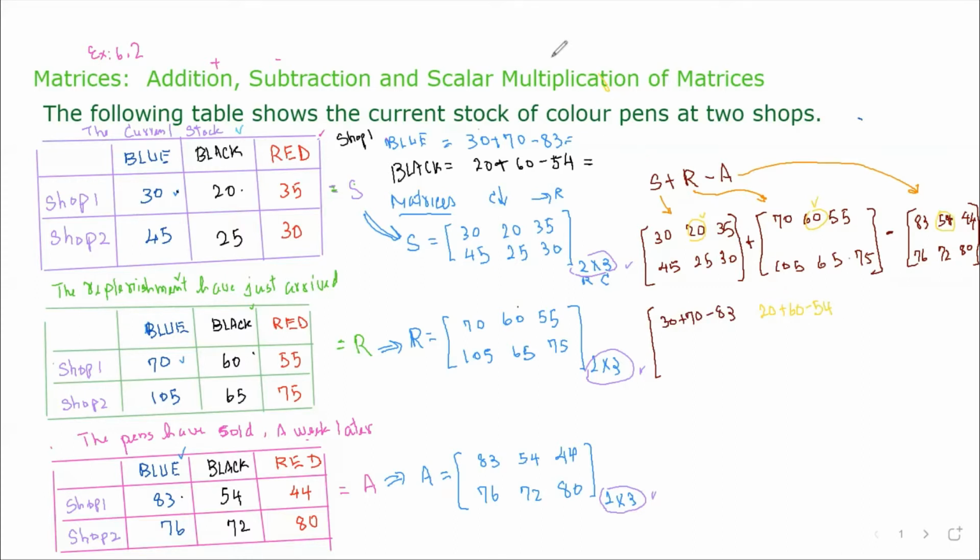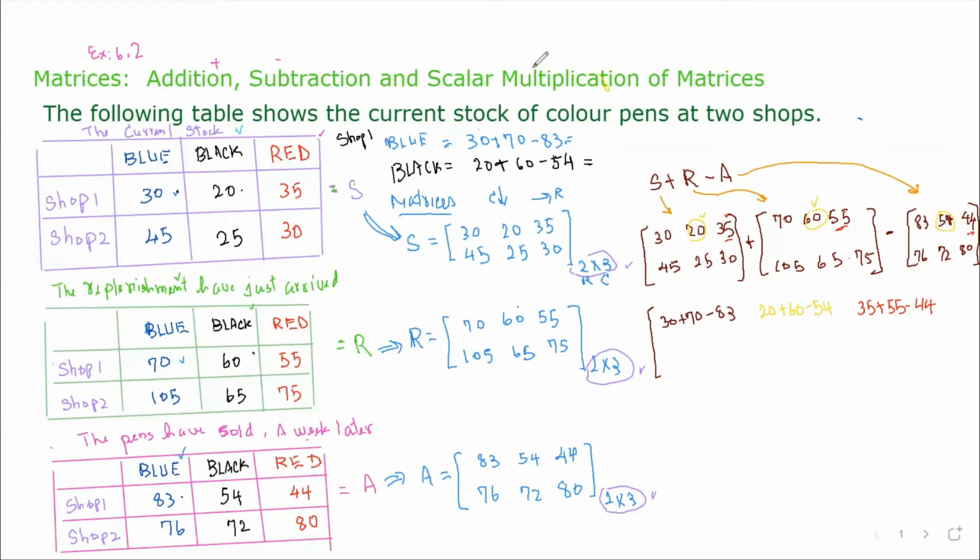Okay, so we use different colors, see. And then 35, 55, and 44, correct? So this one gonna be 35 plus 55 and minus 44.